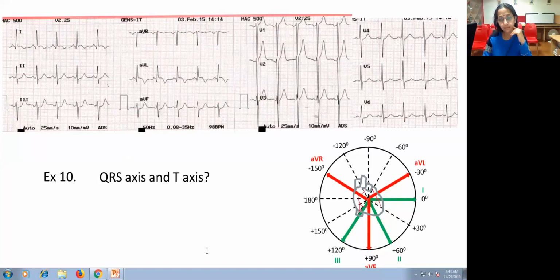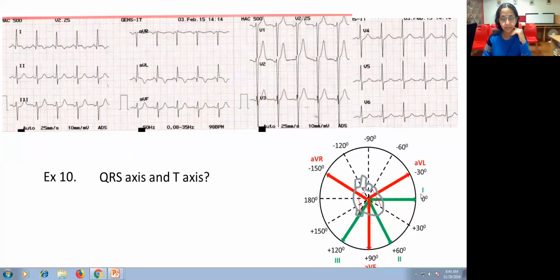So I have the answer. The QRS is left axis, the T is right, around 0 degrees. That's perfectly correct because AVF is equiphasic. If AVF is equiphasic, the axis is going to be in this direction with a positive lead 1. It's expected to be surrounding this area. So it's around 0 degrees.